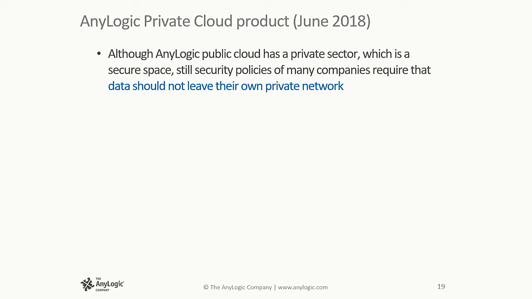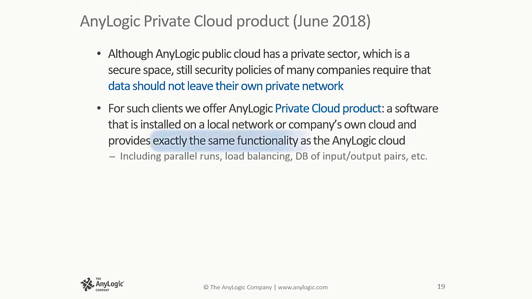Now, what is AnyLogic Private Cloud? AnyLogic Private Cloud is a piece of software that you install, or your system administrator installs, either on your local network or on your private sector of a third-party cloud provider.